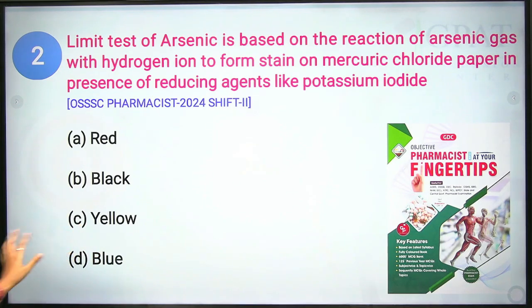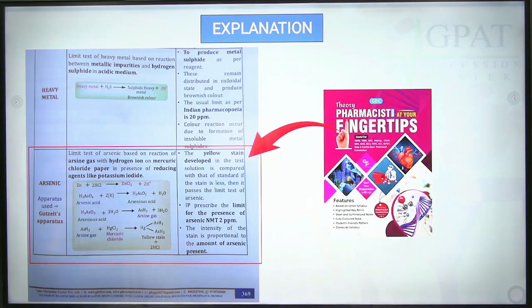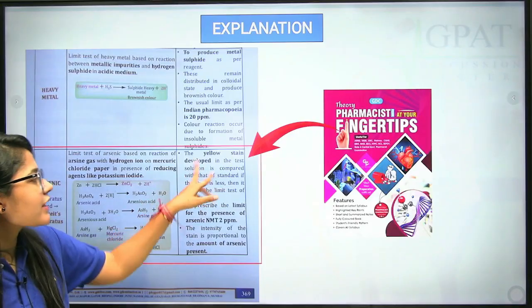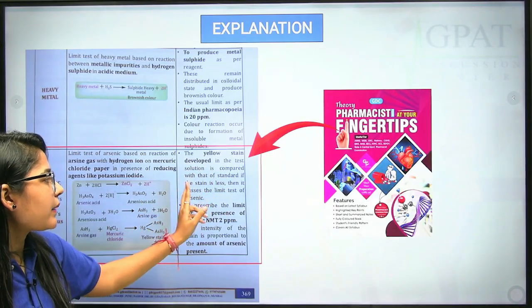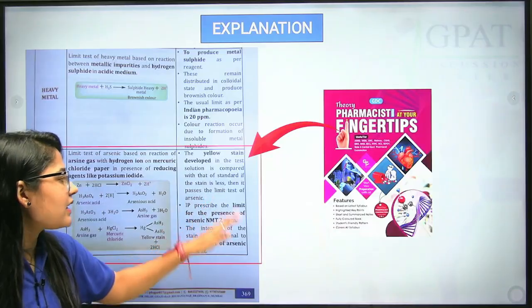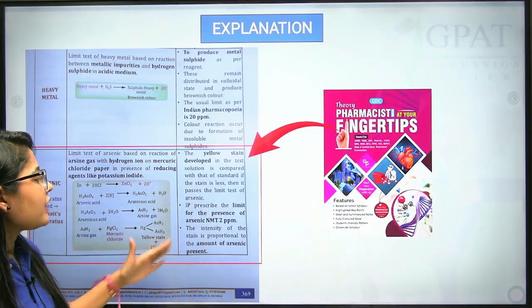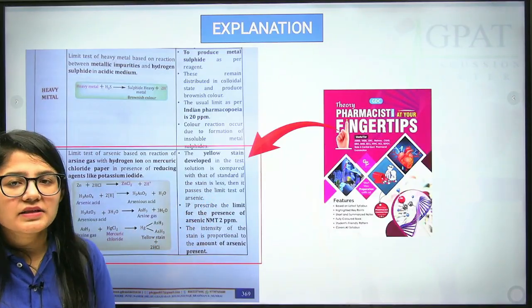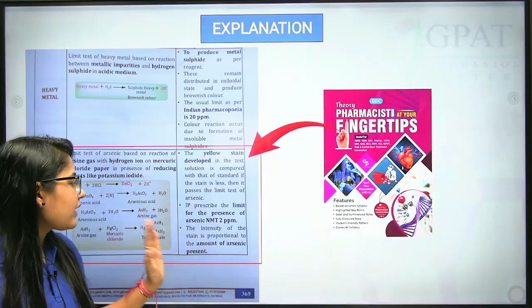It will form yellow color. The yellow stain developed in the test solution is compared with that of standard. If the stain is less, then it passes the limit test of arsenic, and if the stain is high, then it does not pass. Okay, clear?